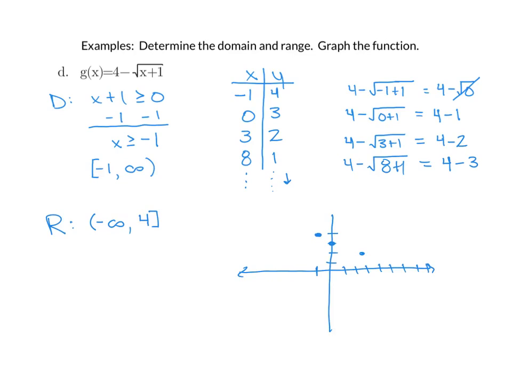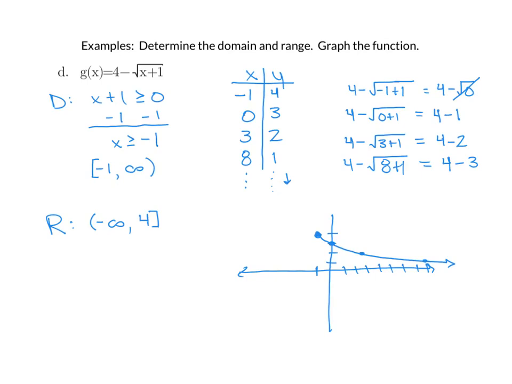We're going to go 8 to the right and 1 up. And so right here, this is my starting point. And we go down from there. Alright, so those are some examples of some square roots.